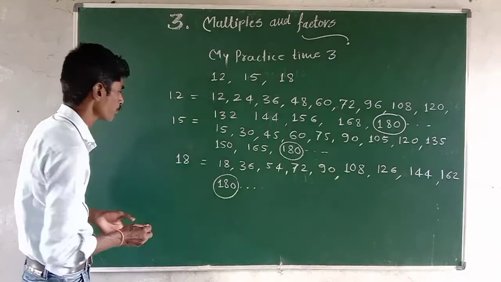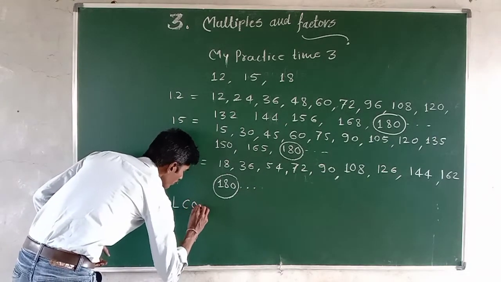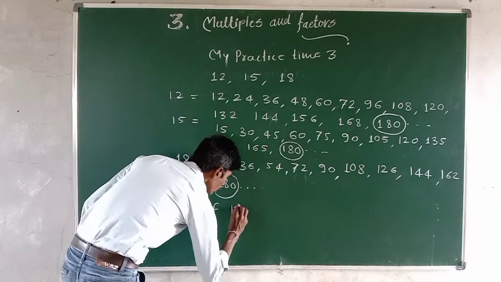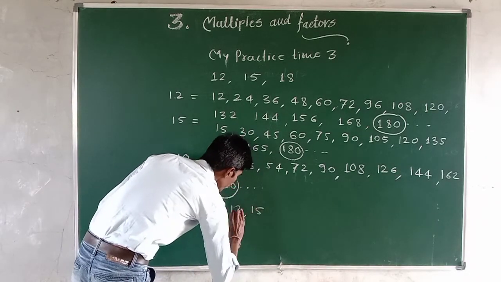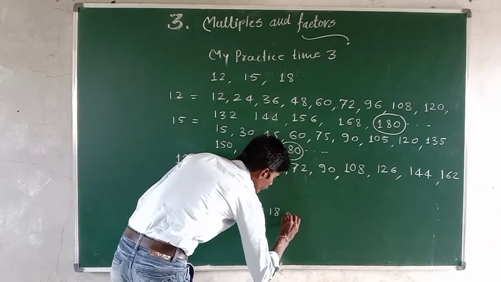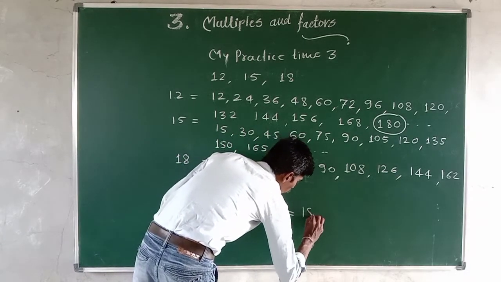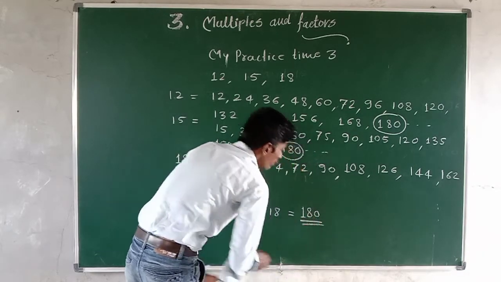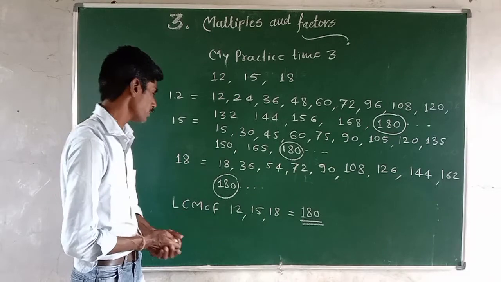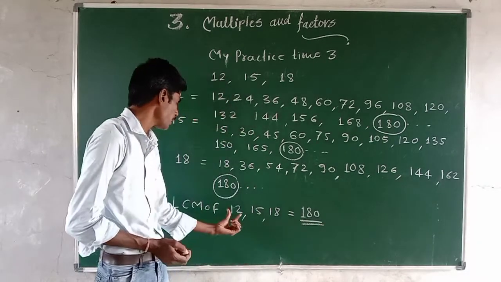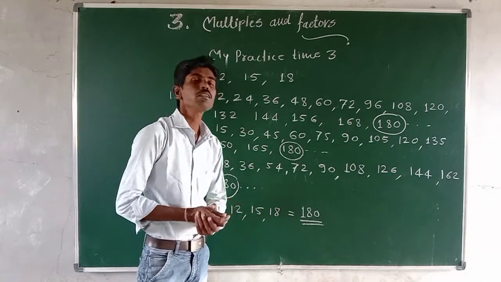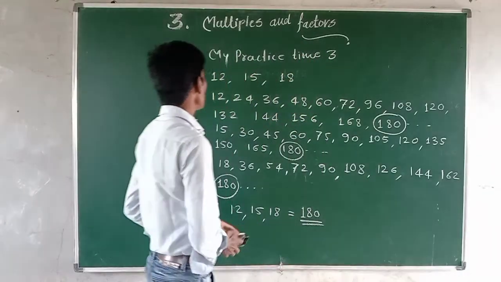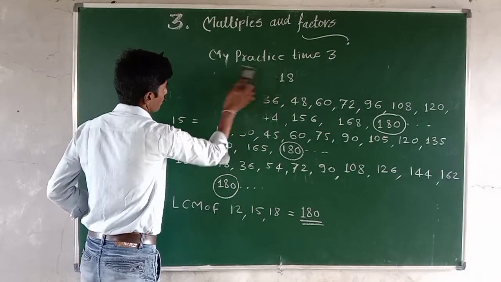So the LCM of 12, 15 and 18 is equal to 180. In other words, 180 can be divided by 12, 15 and 18 exactly. This is the way to find the LCM with the help of the multiples method.